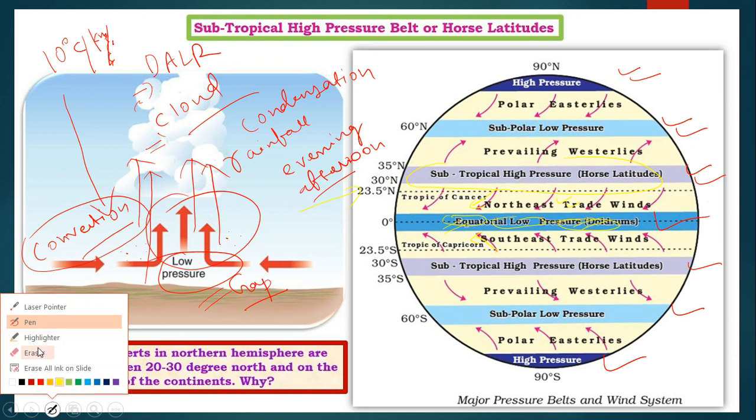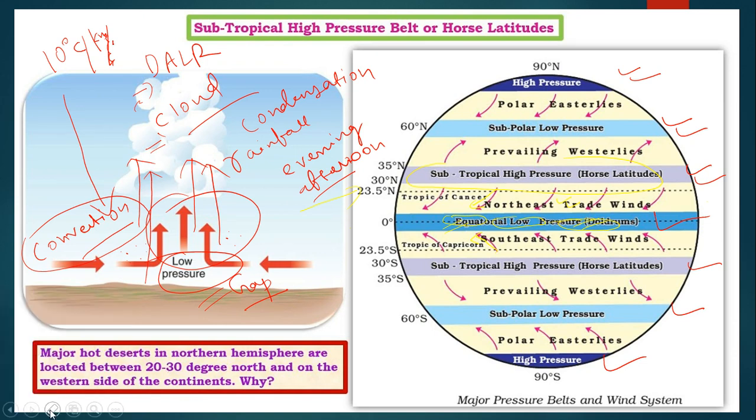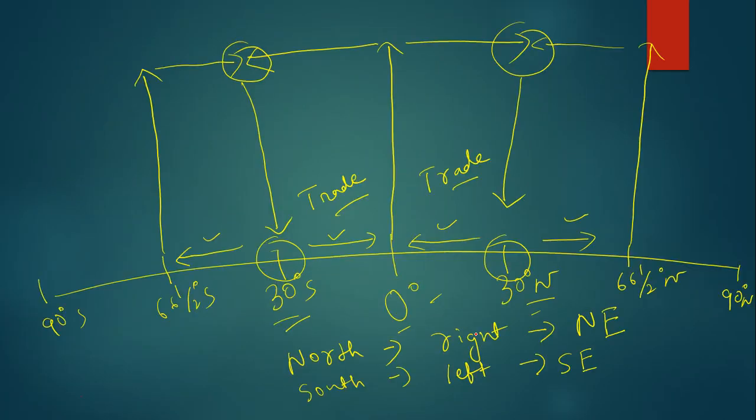Just have a look at this diagram. So we are getting two directions of the trade wind.